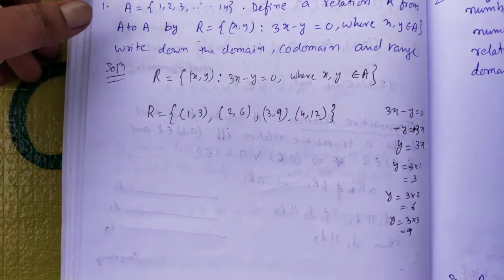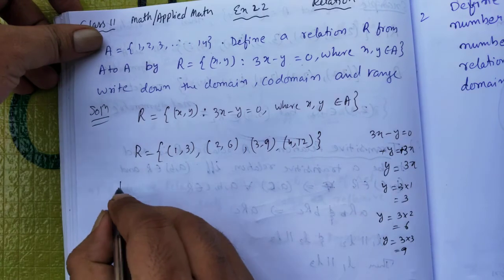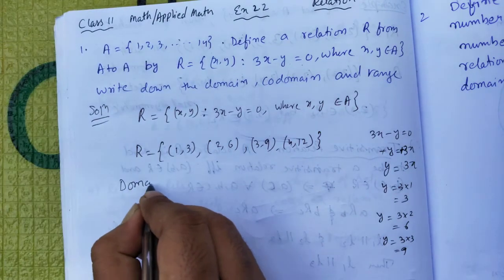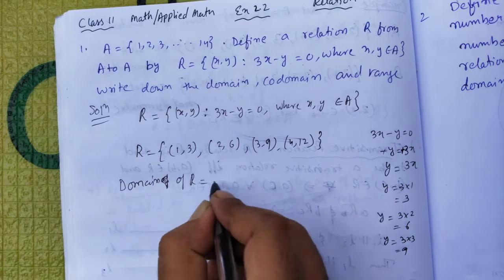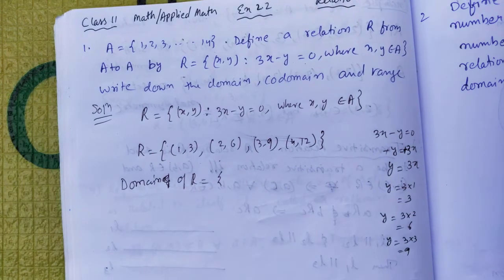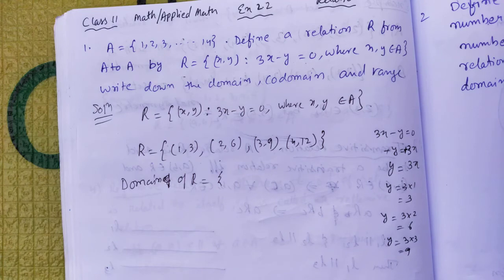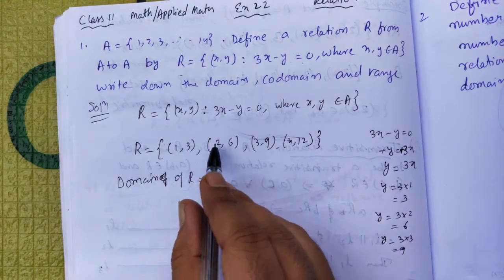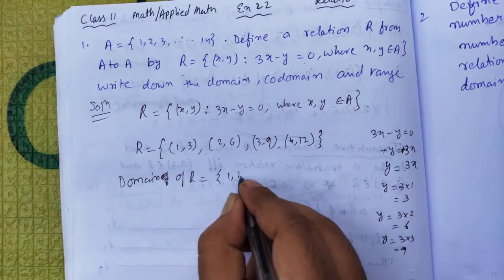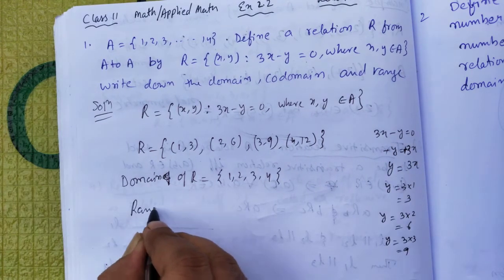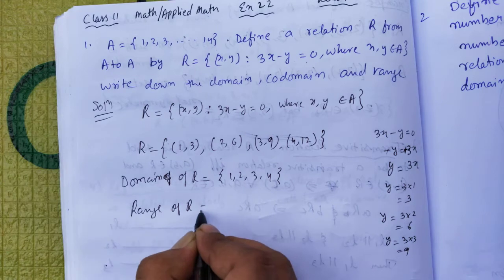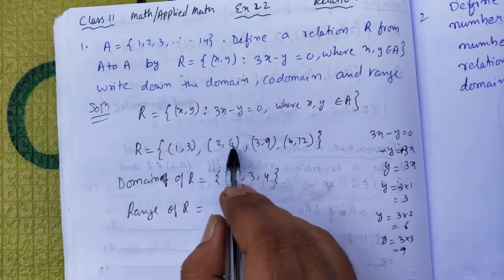Now, you have to write the domain. Domain of R: the first element is the domain. That is, I can write 1, 2, 3, 4. And range is the second element, that is 3, 6, 9, 12.